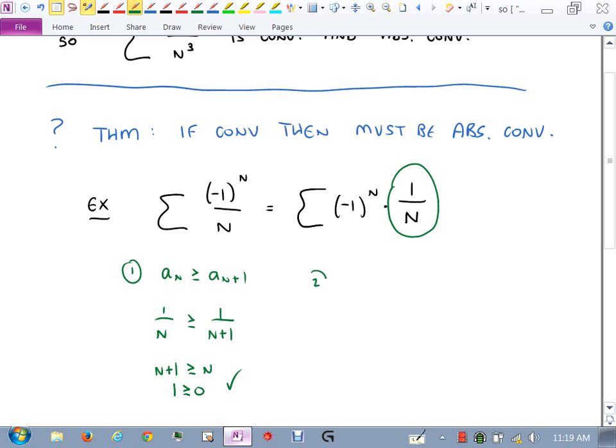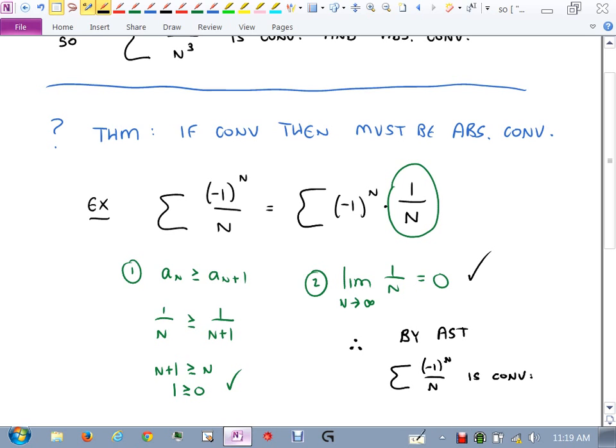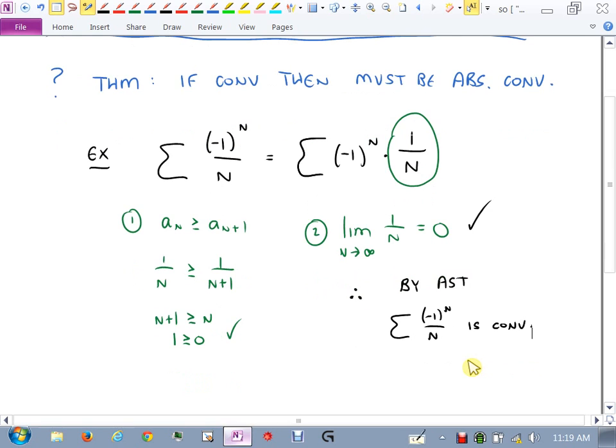I need the limit as n goes to infinity of 1 over n to go to 0. Is that going to be true? Yes. Therefore, by the alternating series test, this series, (-1)^n over n, is convergent, right? It is convergent.